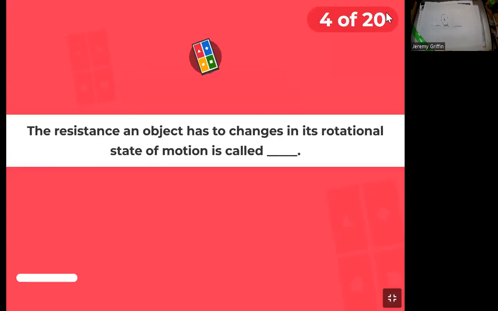Liam on fire. The resistance an object has to changes in its rotational state of motion.